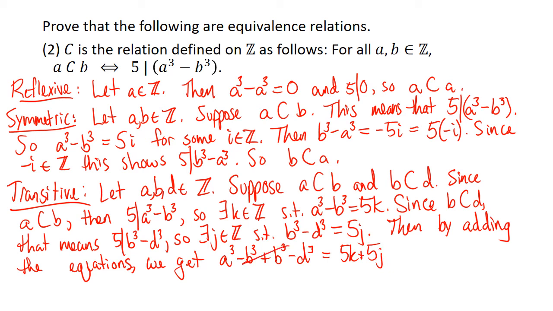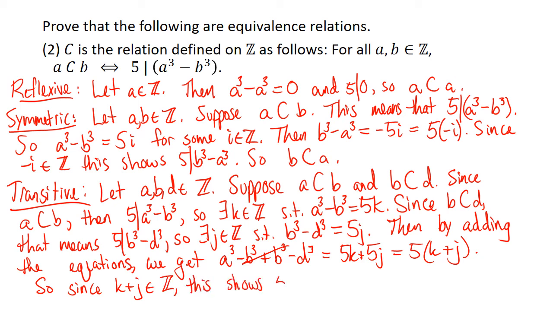So here the B cubed and the negative B cubed cancel out. And then we can also factor out a 5 here to get k plus j. Okay, so since k plus j is an integer, this shows that 5 divides A cubed minus D cubed. So that means that A is related by C to D, and that's what we needed to show for the transitive property.